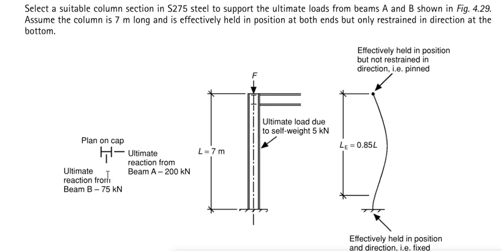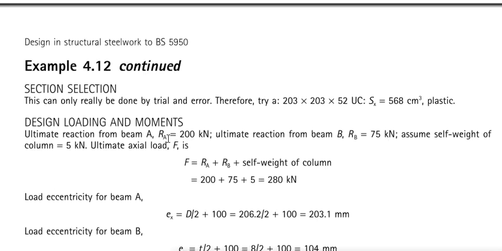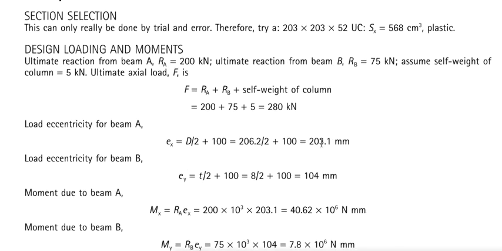So for beam B, also from the face of your column, here you are talking about the web, so you take 100 millimeters offset plus the web thickness divided by 2 to give us the eccentricity. So once we have that, we have the respective eccentricities in the x direction and in the y direction.